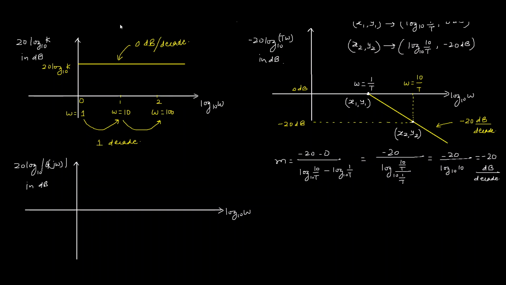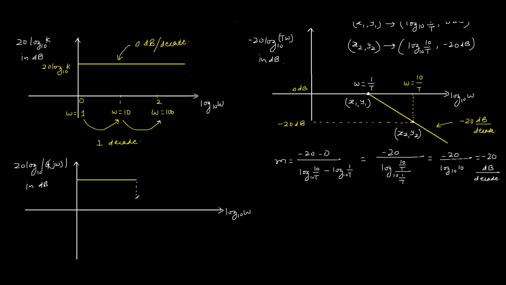Okay. So starting line is 20 log k base 10. We have assumed that k is greater than 1. That's why the value of 20 log k base 10 is positive. That's why it is starting above the 0 dB.